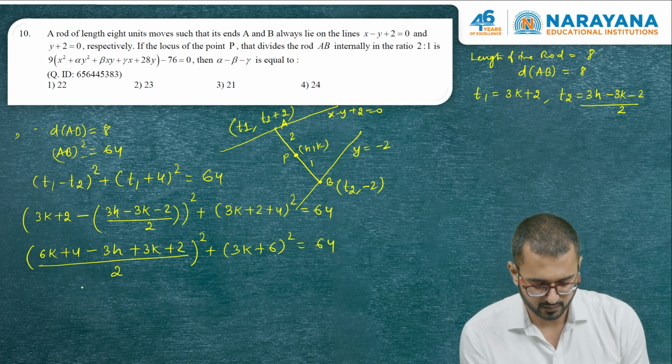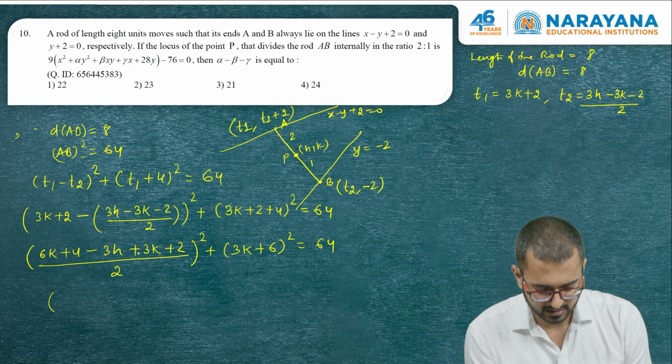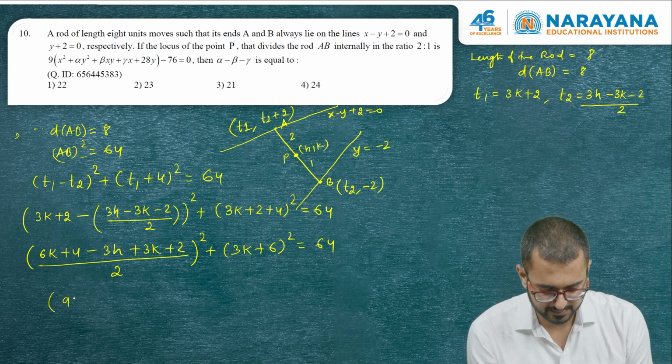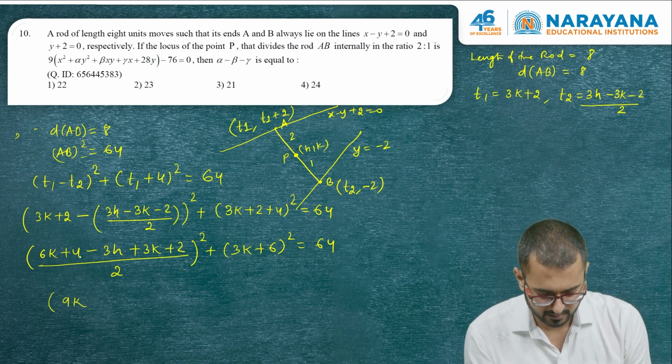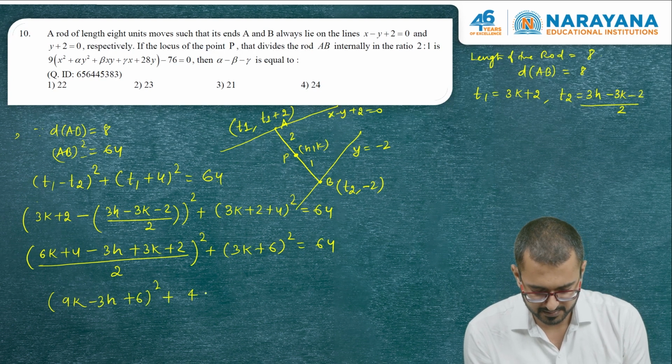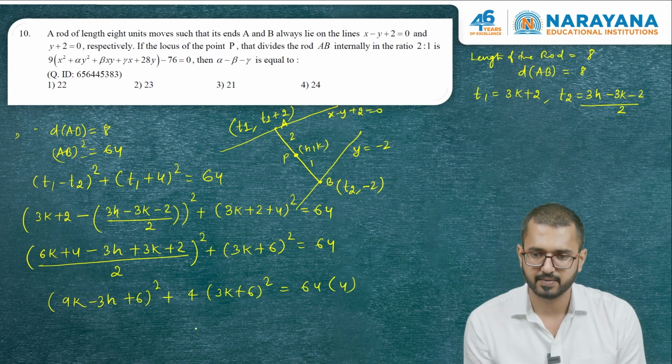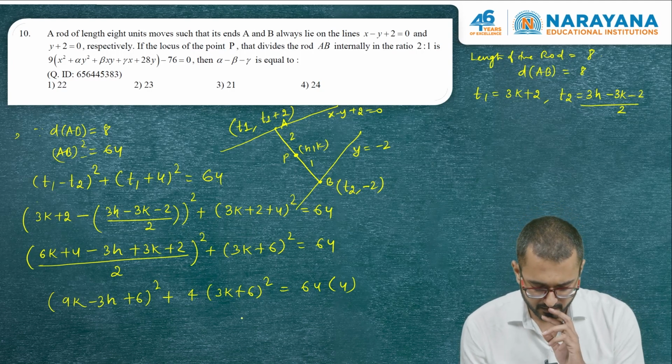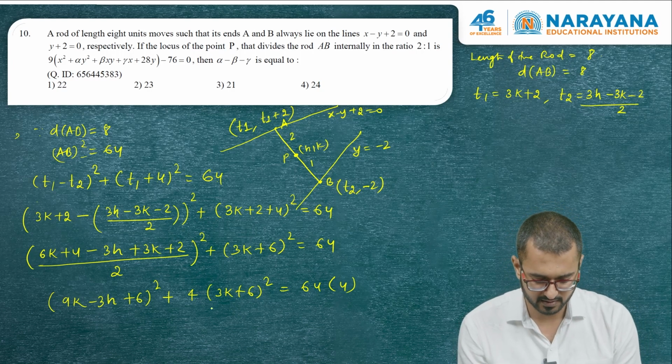Now we can transfer this 4 outside, and then I'll be getting here 3k plus 6k, 9k, and then minus 3h plus 6 the whole square, and then plus 4 times 3k plus 6 the whole square is equal to 64 into 4.